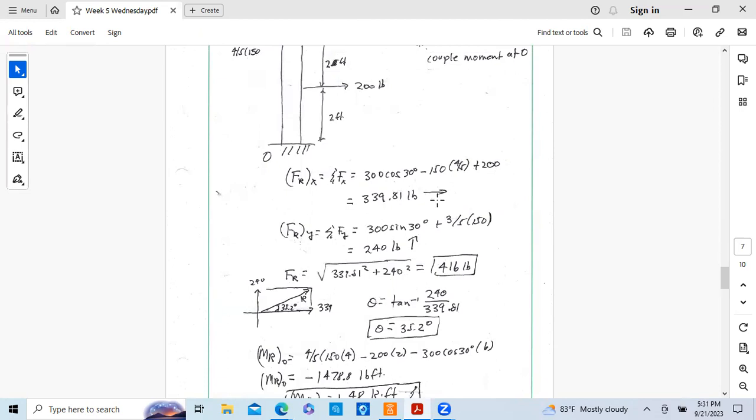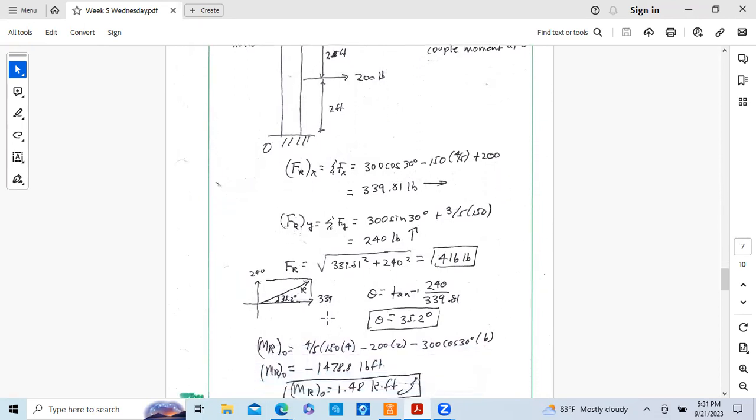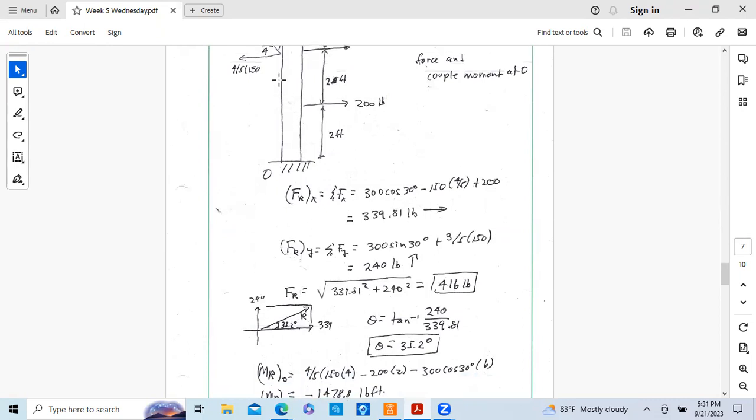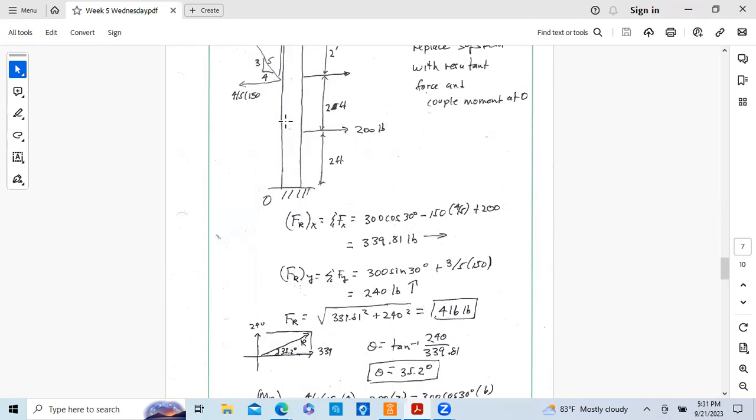And I can do one other thing, and I haven't done it here, but what I could do is take this force, using only this component, and put it somewhere up in here, such that this 339 times some distance gives me this moment. So 339 times some y distance equal to this moment. I could position that force without the moment, and I would simplify this to just one force.